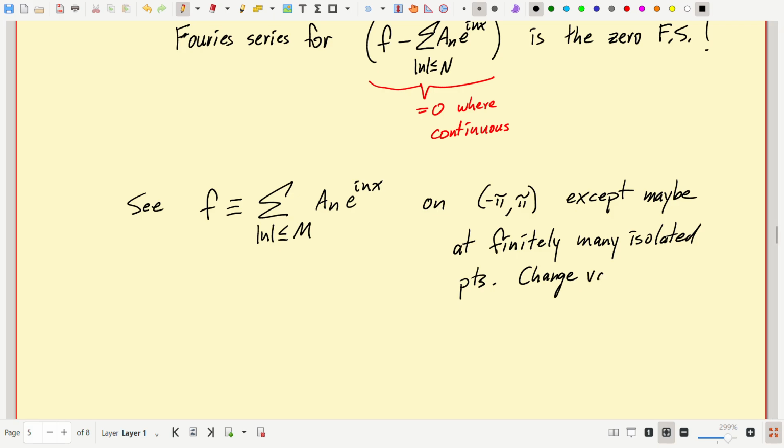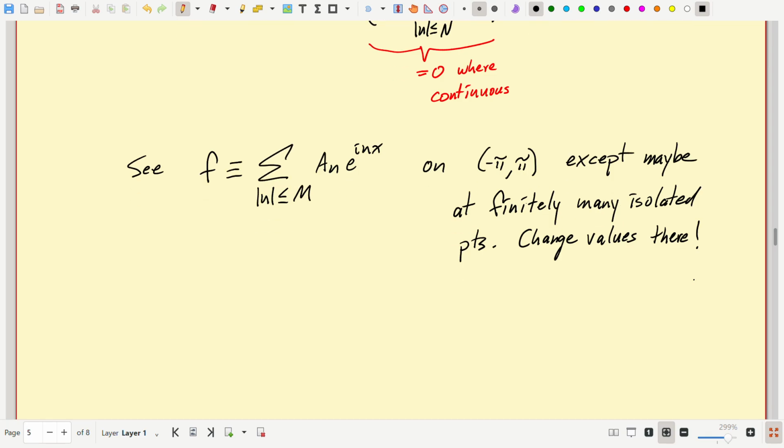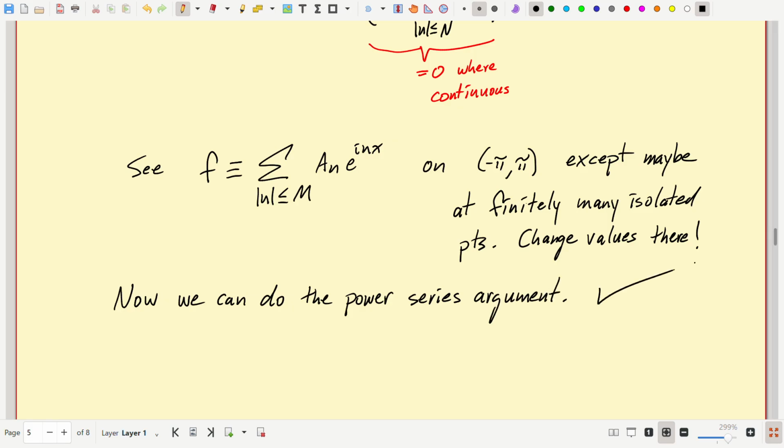Change the values there to make them match. And so now we have that f as a trig polynomial, and we can do that power series argument. And so the whole thing goes through after that.